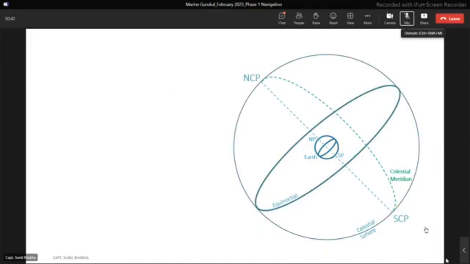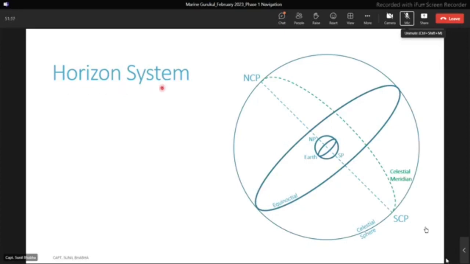Now, having understood the concept of the celestial sphere as well as the equinoctial system of reference, let's move on to our second very important system of reference, which is known as the horizon system of reference. This is the second reference system which we use to specify the position of any celestial body on the celestial sphere.